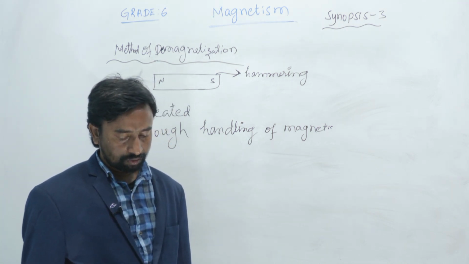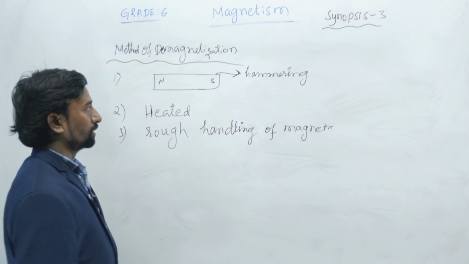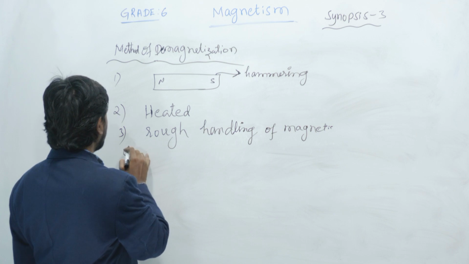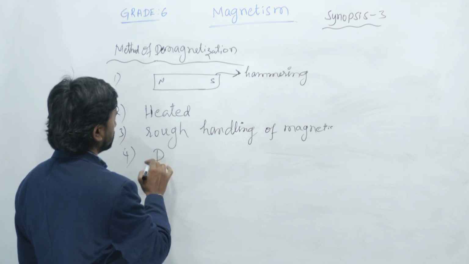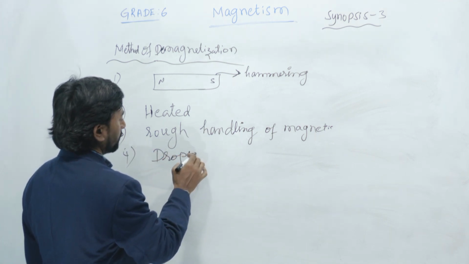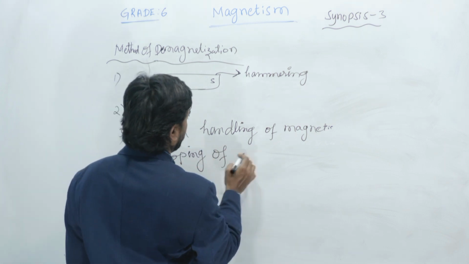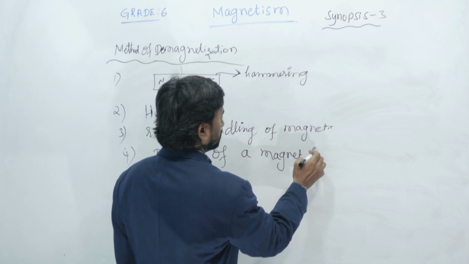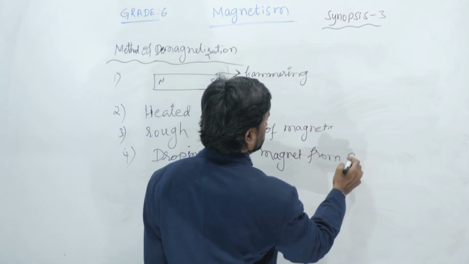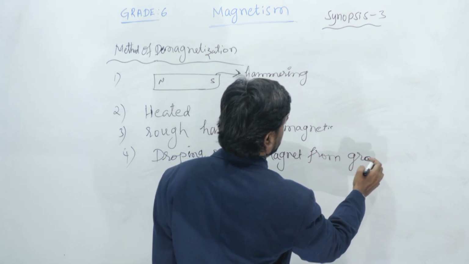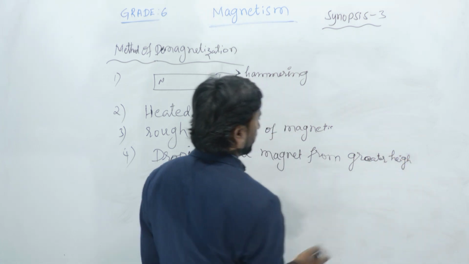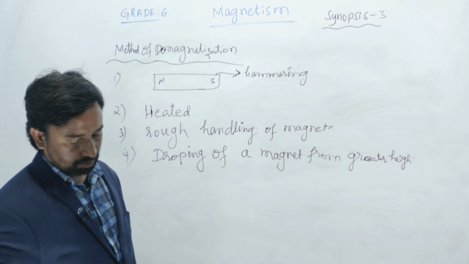If the bar magnet is dropped from a certain height, that is, dropping a magnet from greater heights, the property of the magnet is lost.